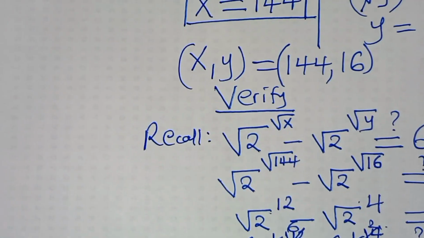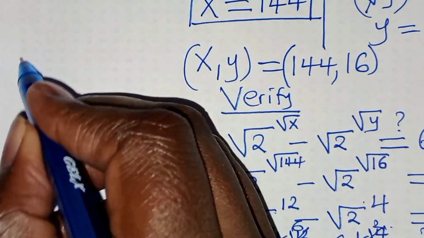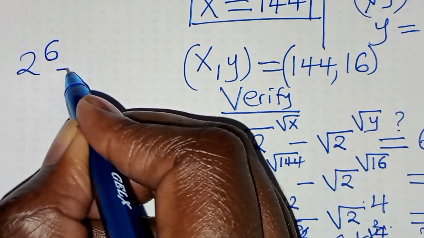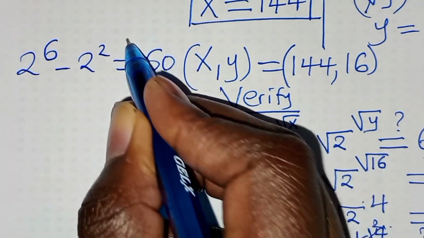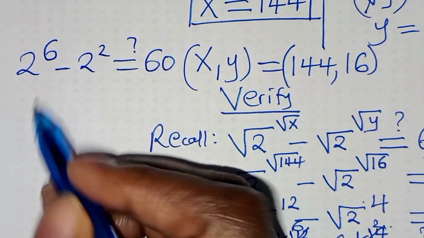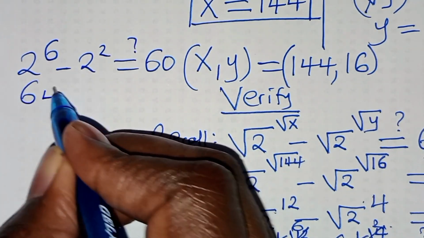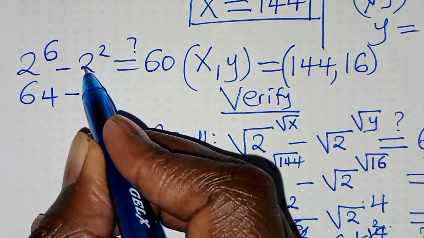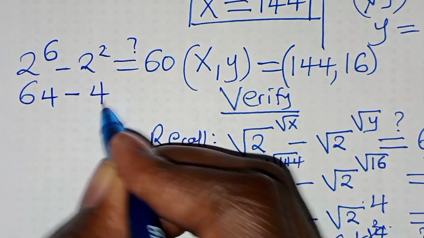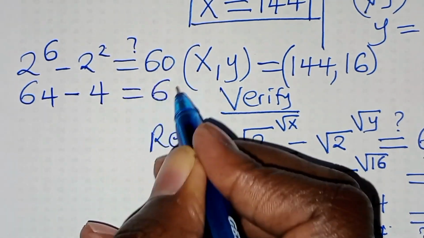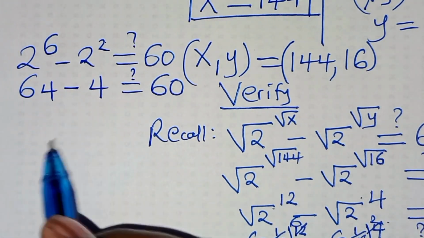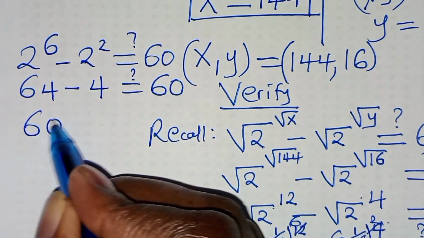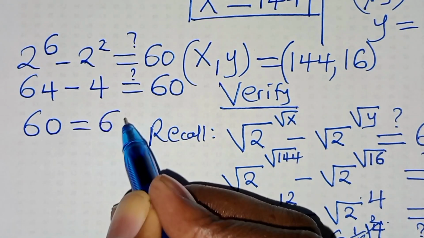So now from here, we have 2 to the power 6 minus 2 to the power 2. This should give us a value of 60. 2 to the power 6 here, this is 64, minus 2 to the power 2, which is 4. This should give us a value of 60. 64 minus 4, this is equal to 60, and this is equal to 60.